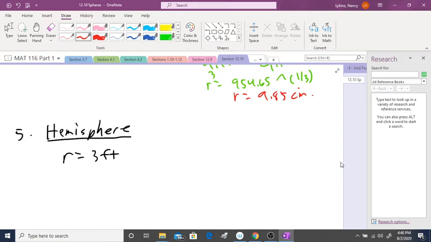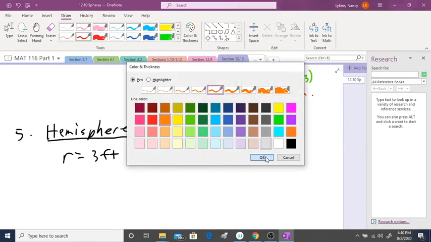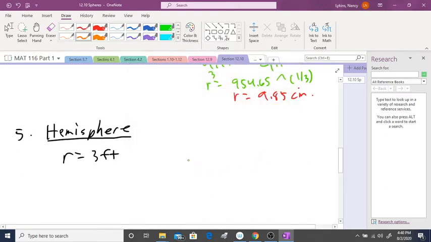So that means basically, if I give you 3 feet, you would say volume equals 4/3 times 3.14 times radius, which is 3 to the 3rd power.